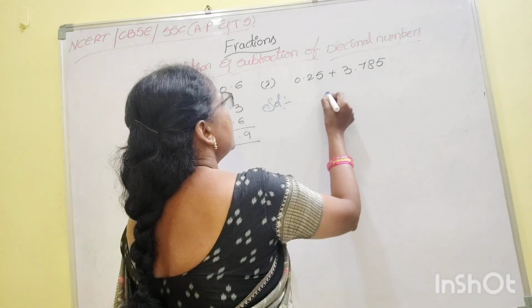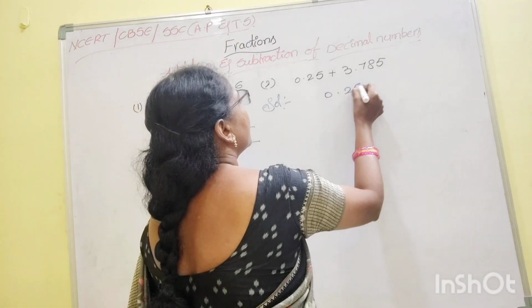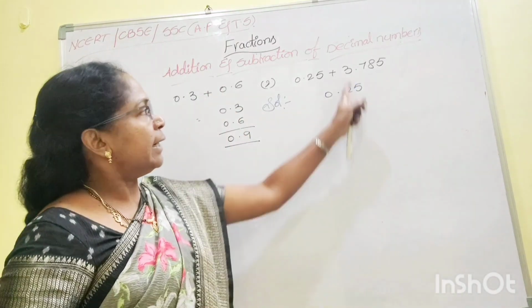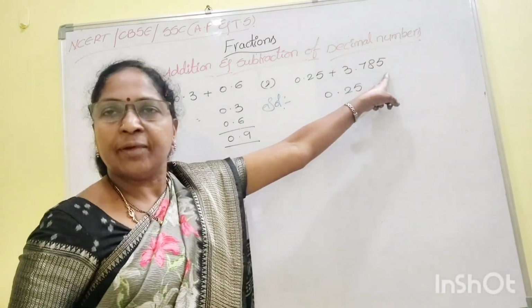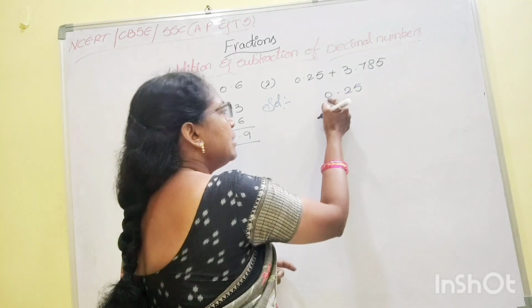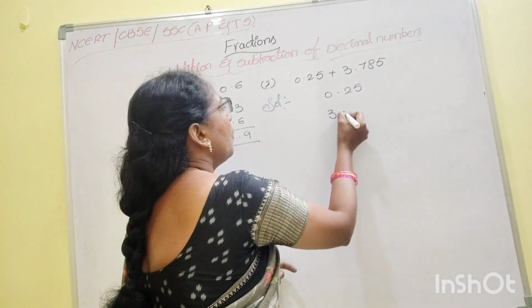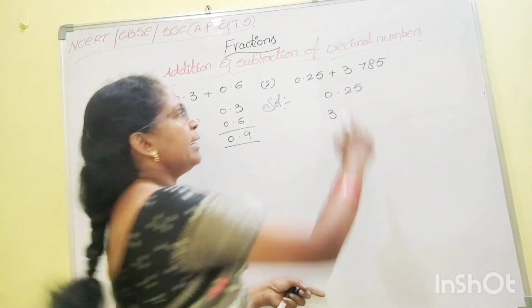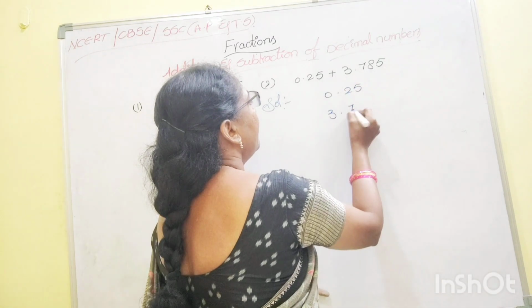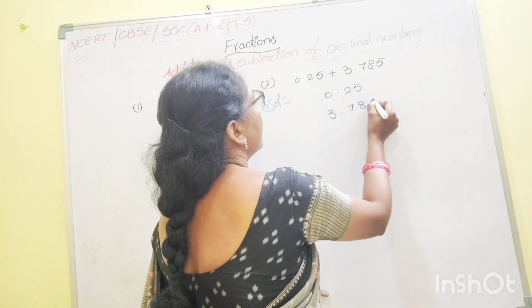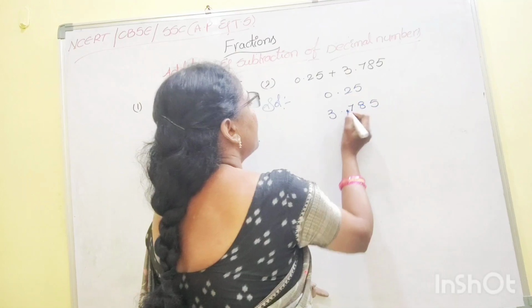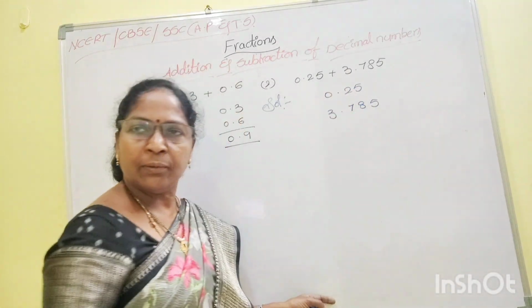So the first number is 0.25 as it is, and the second number is 3.785. Before the point there is only one digit: 0 down, 3 you write, and point down, point you write. Next 785. This is the way of writing. Point down, point only you have to write down.